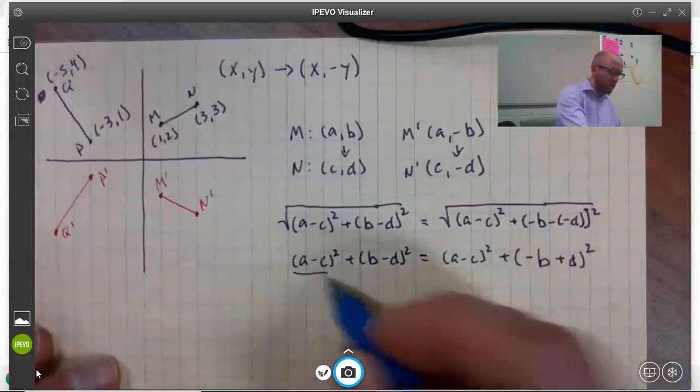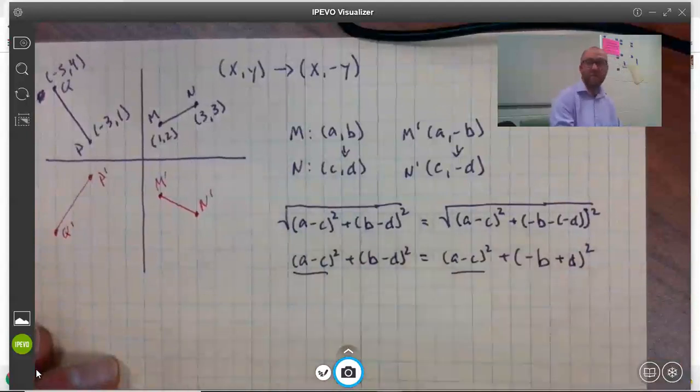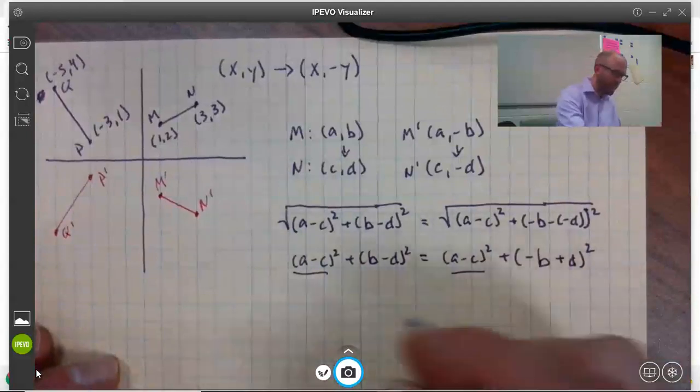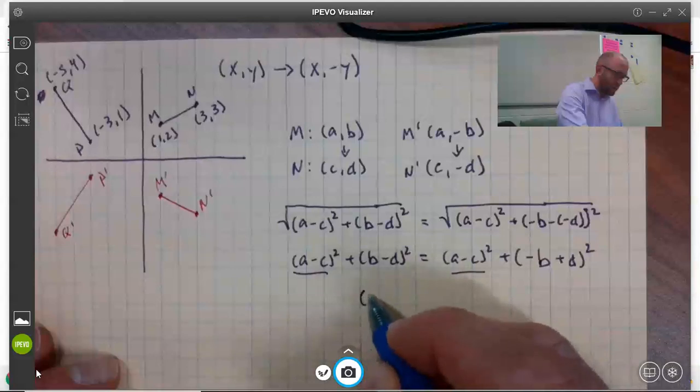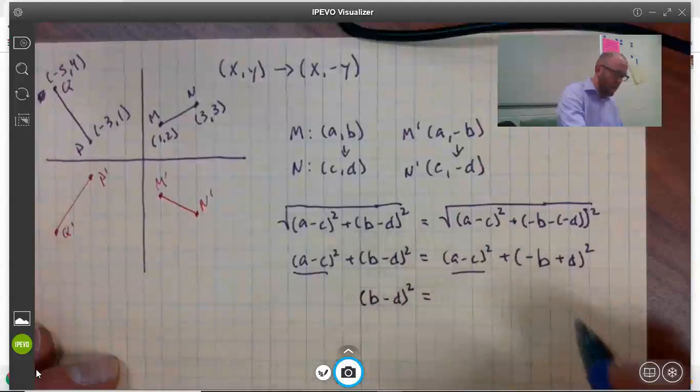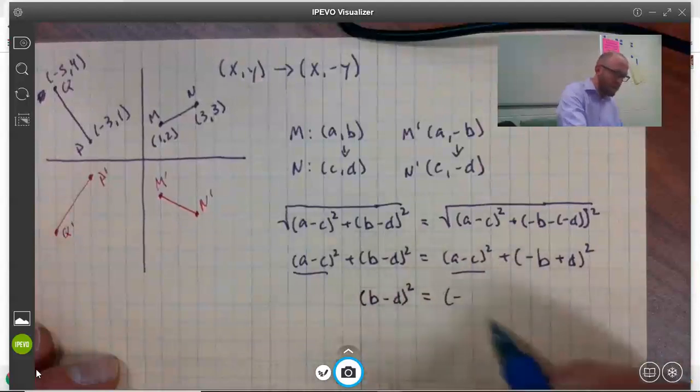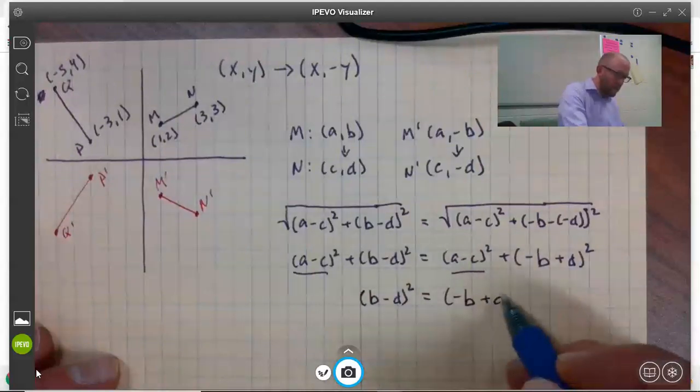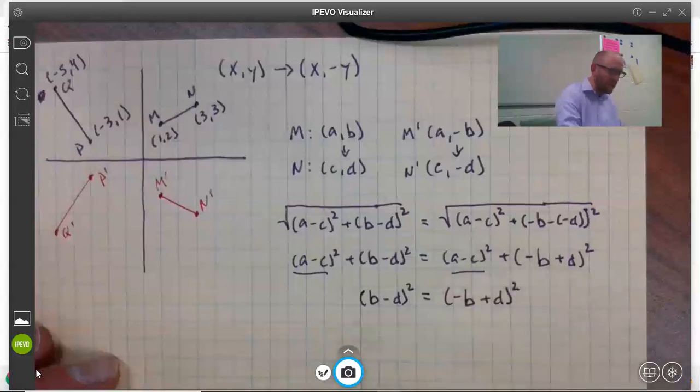And now, notice we've just got this on both sides, so we can just get rid of that. That leaves us with B minus D squared equals negative B plus D squared. Okay, so far so good.